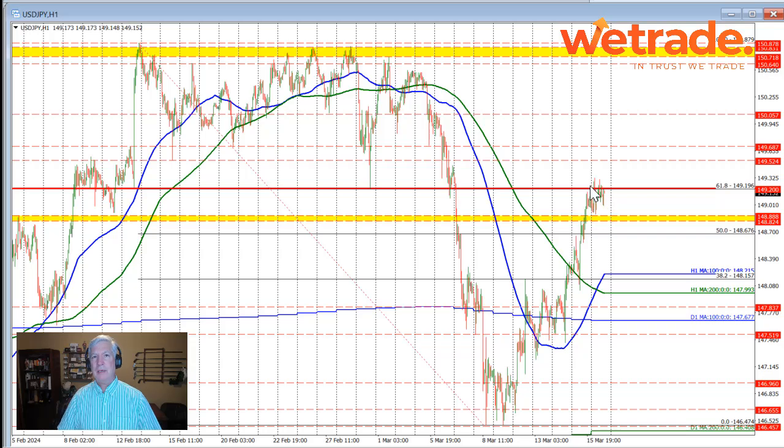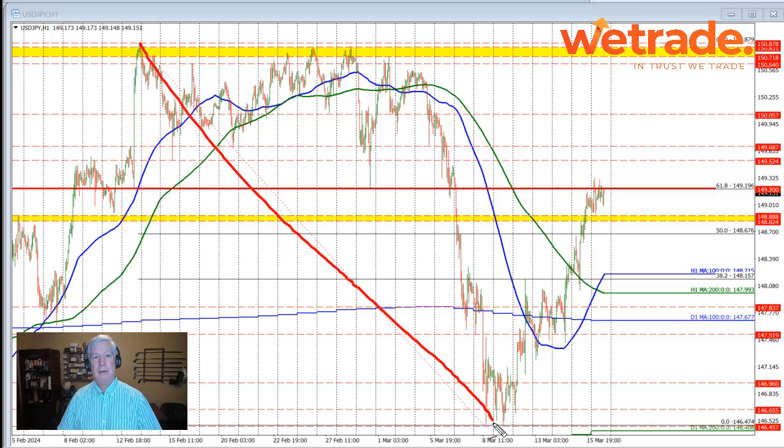So what we're seeing is up and down price action in the dollar versus yen, centered around the 61.8% retracement of the last move to the downside in this currency pair, from this high right here to this low right here. That 61.8 comes in at 149.196, and as you can see, the price action has been above and below that level. We are higher on the day.